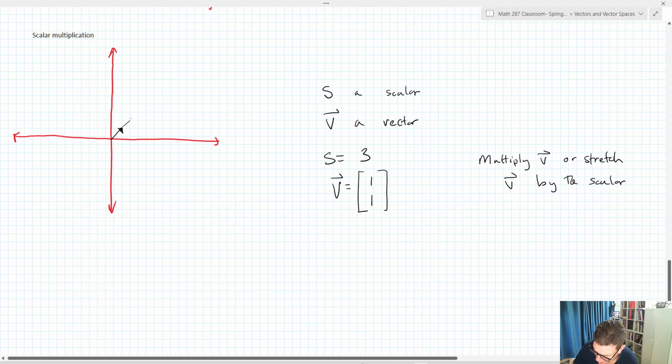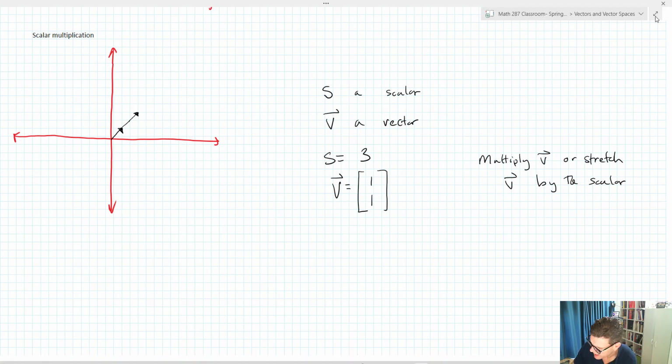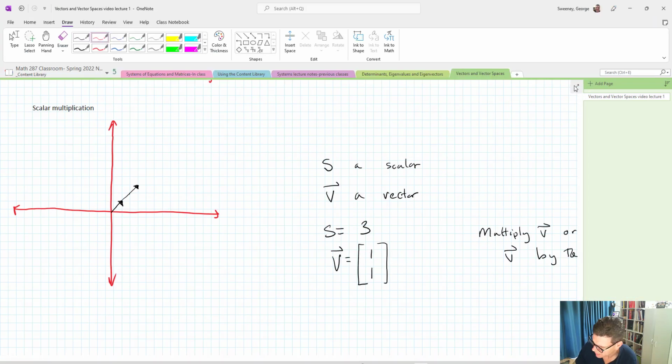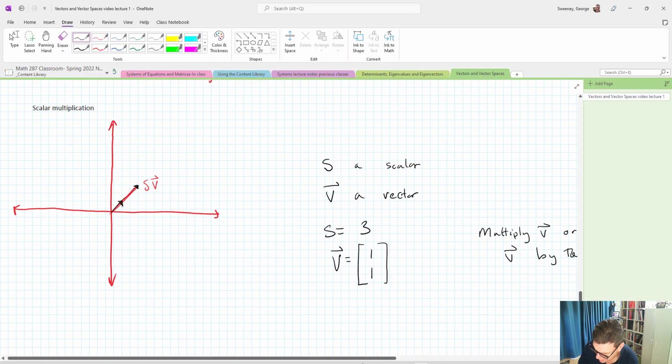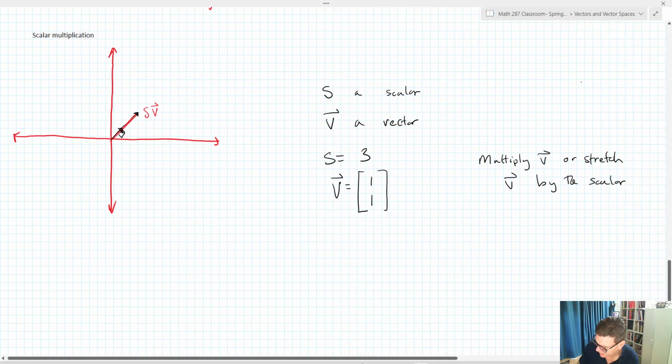So we'll make it 1, 2, 3. We'll triple the length, and that's now what we call sv. Okay, so our new red vector is sv. Our original vector was v. And that's a scaled vector.